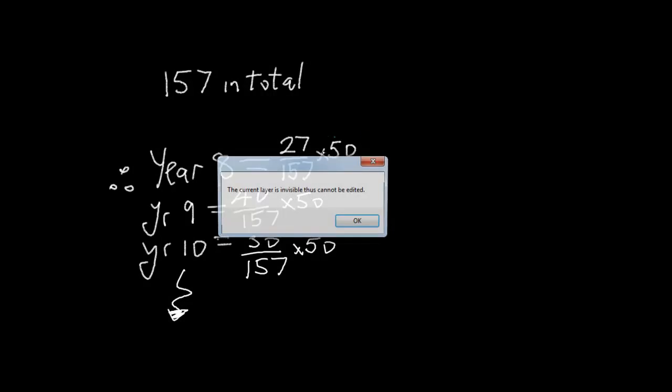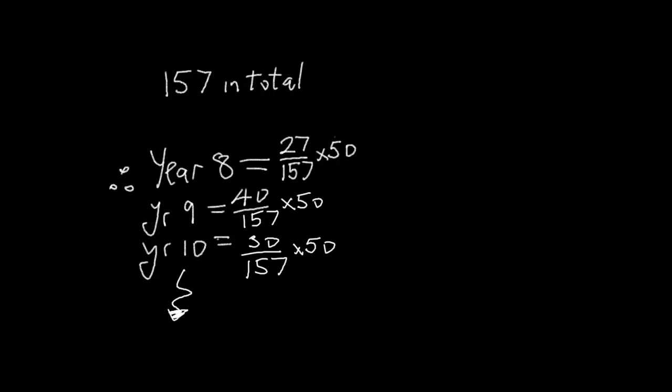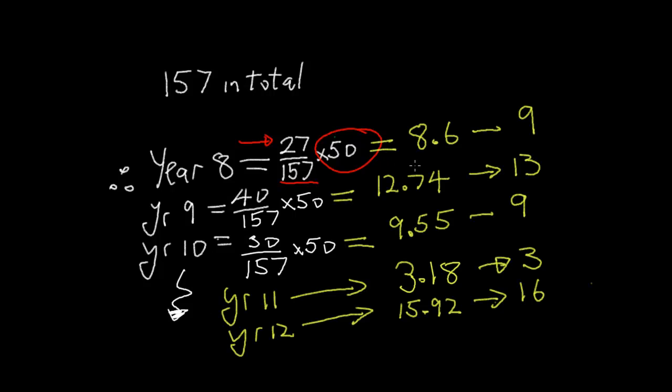Our sample is 50 here, our total population is there, and the number of people in that grouping is there. If you look at year 8, year 9, year 10, you can see it reflects all the way through. When we solve that out, we get 8.6, 12.74, 9.55, 3.18, 15.92.